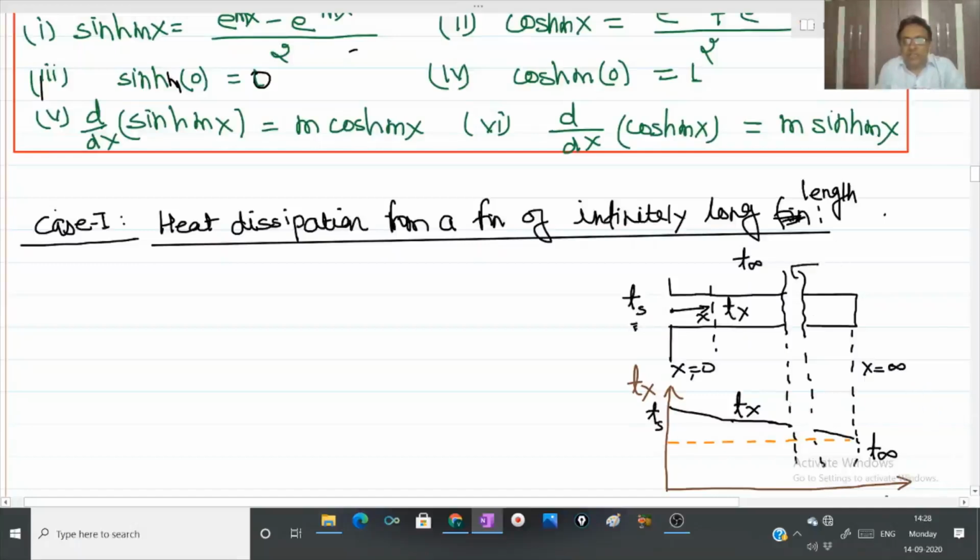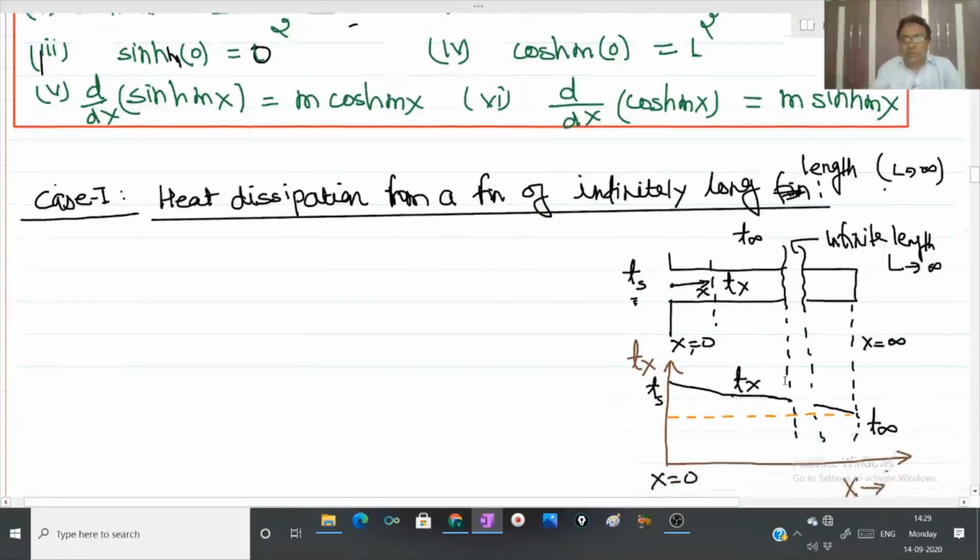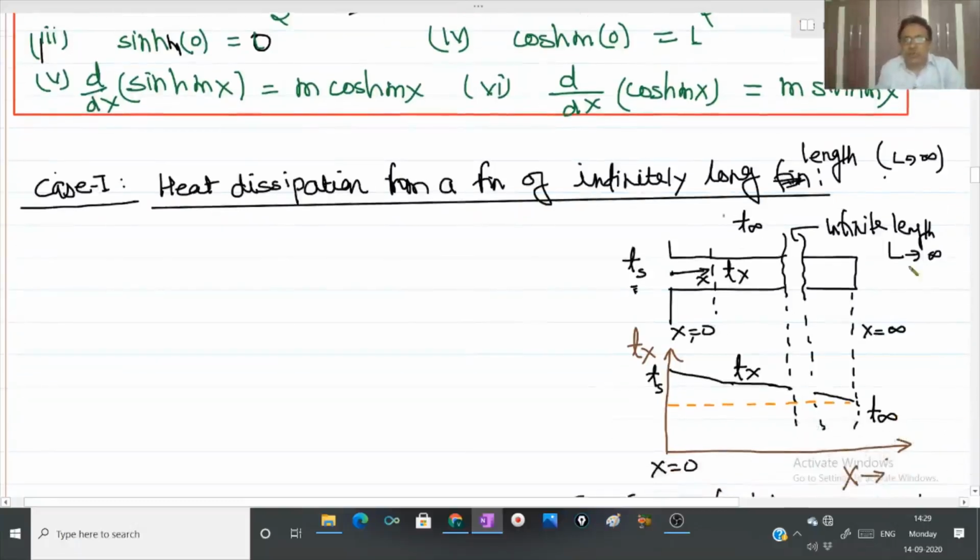This represents the fin is of infinite length, that is L tends to infinity. The fin is exposed to the surrounding at temperature T infinity. So this temperature T infinity is going to remain constant.